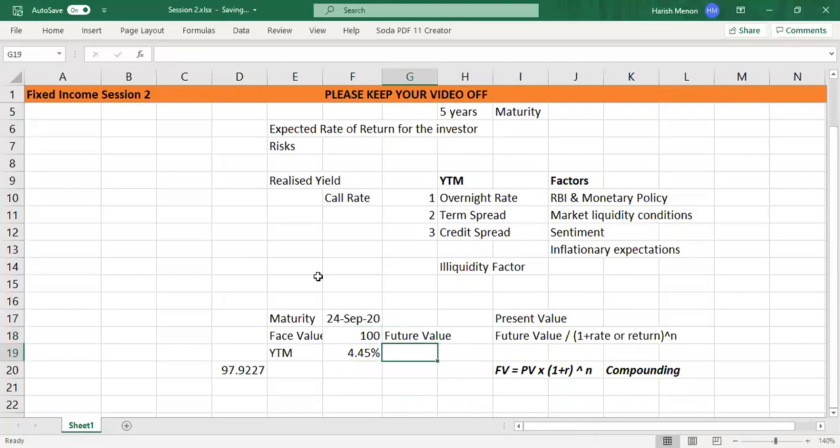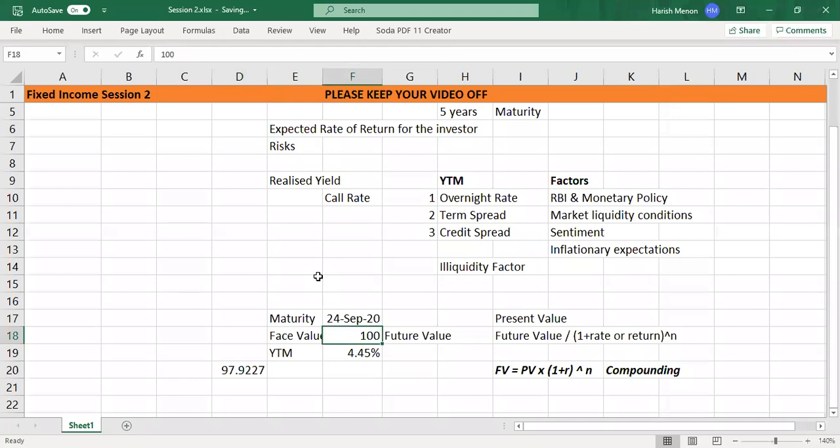So if you know how this bond is going to work, suppose you buy this bond today at this price, 97.9227. You buy this bond and you wait till maturity. Then the central government of India will repay to you 100 rupees. Very simple. Nothing in between. You pay something today, you get back 100. So liquid funds invest a lot in these bonds.